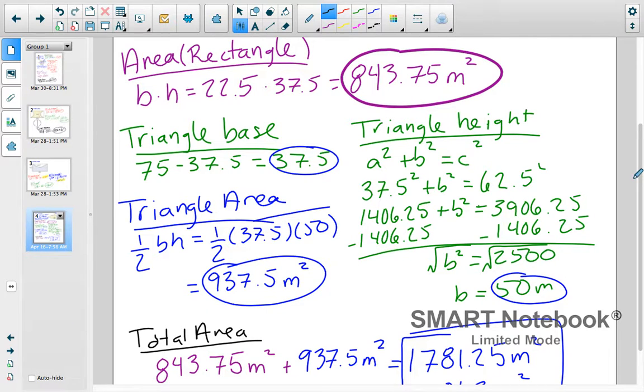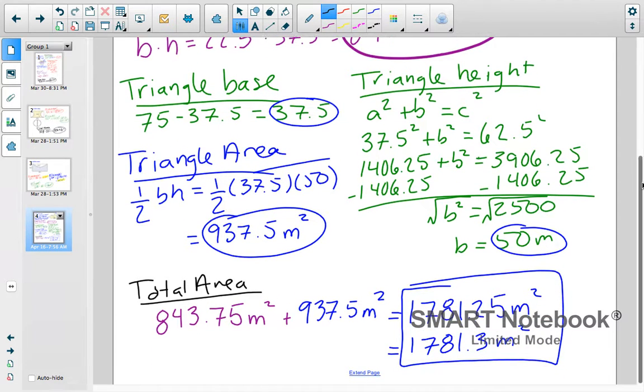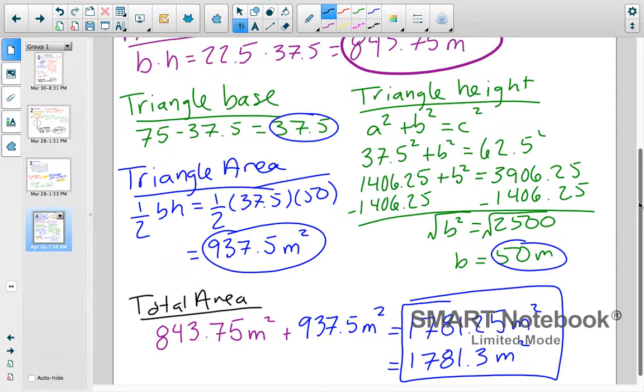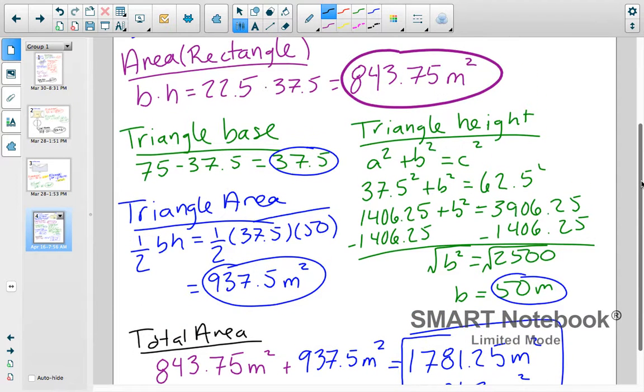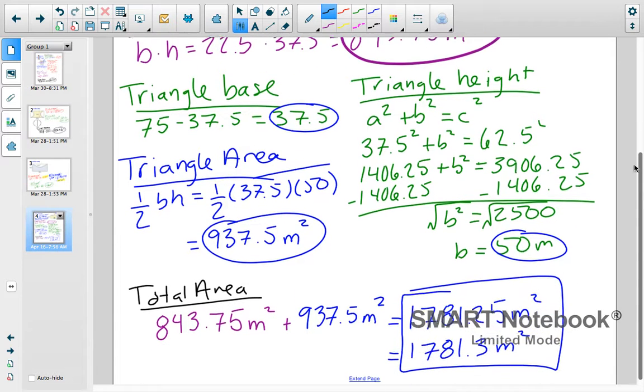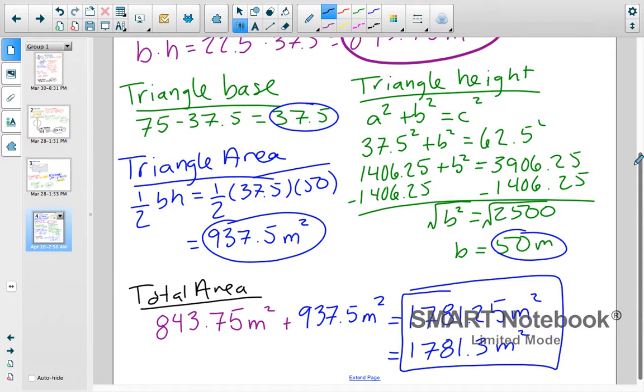Once you find the base and the height, use that to find the area of the triangle. Everything was shaded in this time, so you add the 2 areas together. So that's 1781.25. If they ask you to round to the nearest tenth, 1781.3 meters squared. Again, make sure you're always including your units.